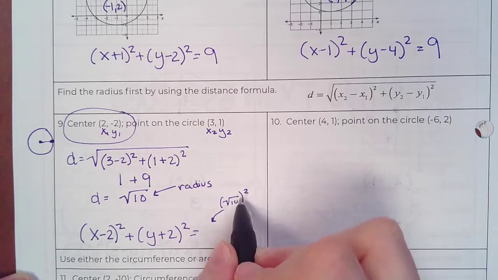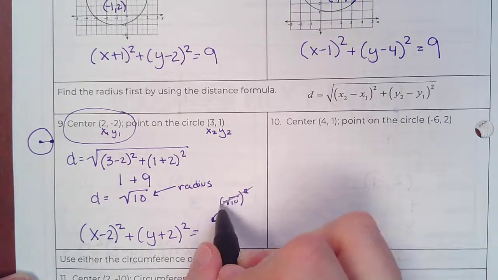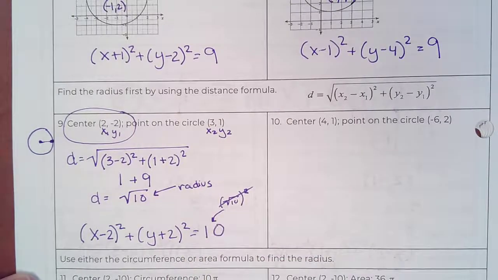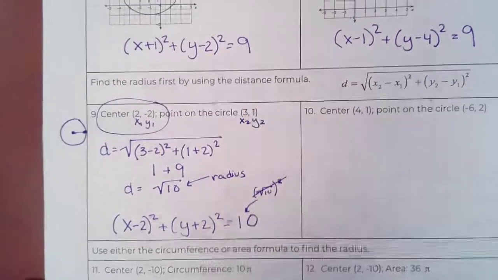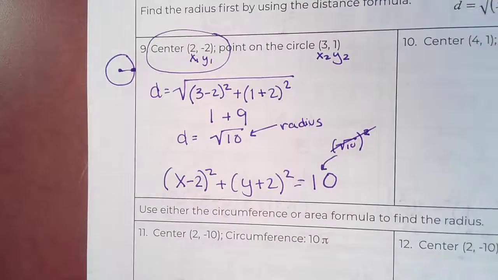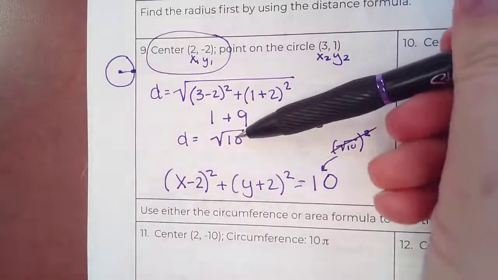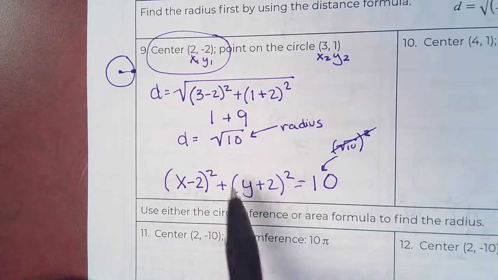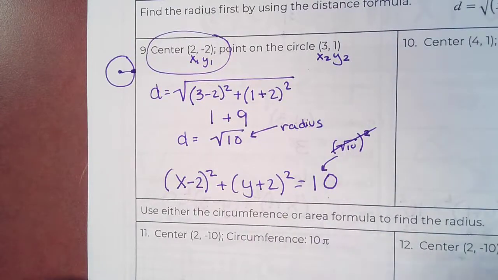When I square something that's a square root, they go away. So I would just have 10 here. It's easier for me to not do the extra work to find the decimal for this radius and just leave it as a square root of a number. That way when I square it, it just becomes a whole number.